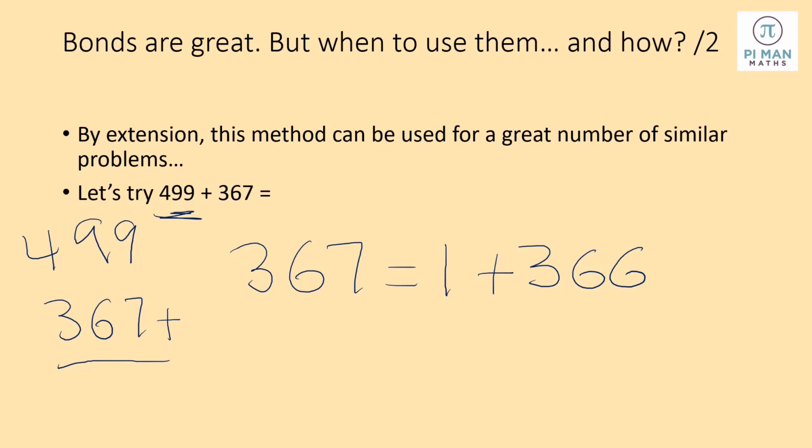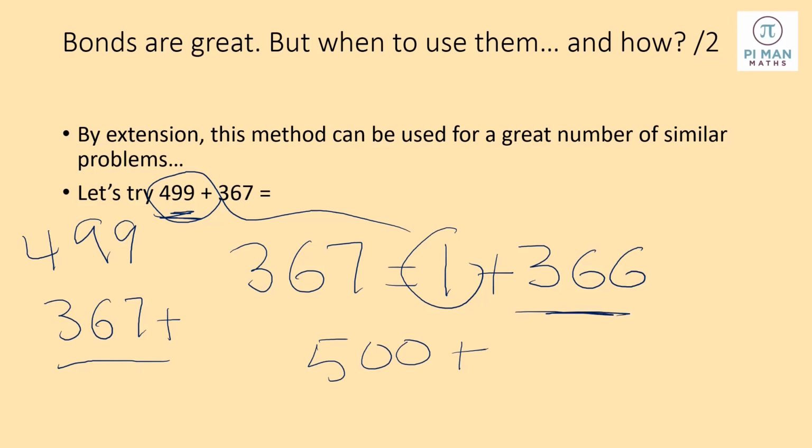So now the 1 here added with the 499 here gives us 500. So 500 plus what we've got left here, 366, gives us 866. It's a nice example there of using number bonds to do something mentally.